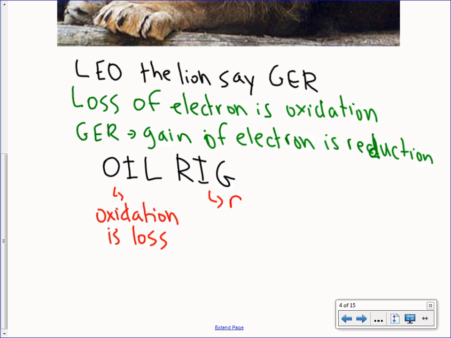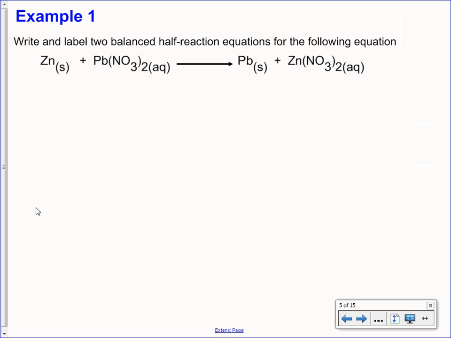The RIG part is reduction is gain. So maybe a bit simpler. Doesn't involve cats, but still works.